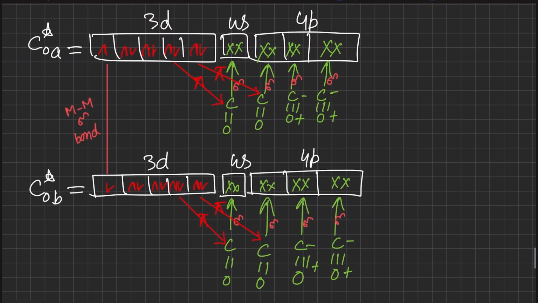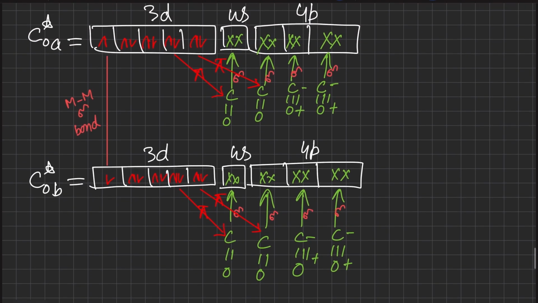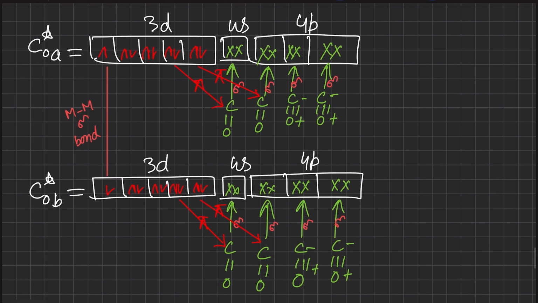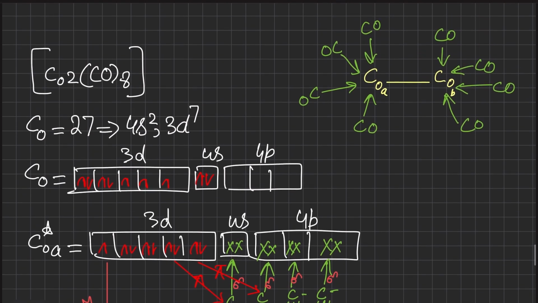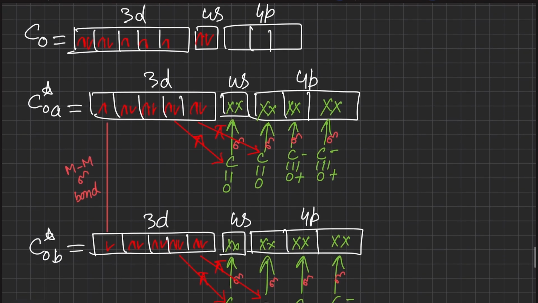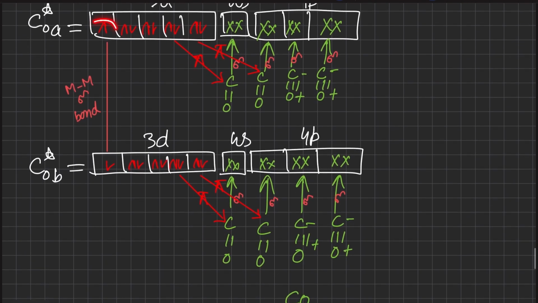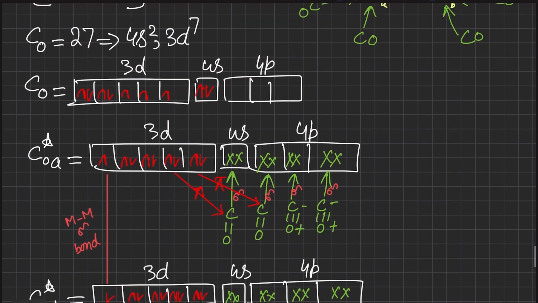So this is the overall bonding situation of cobalt. Now again each cobalt atom is attached further with the other cobalt atom through a metal metal sigma bond. So this metal metal sigma bond has been represented here.